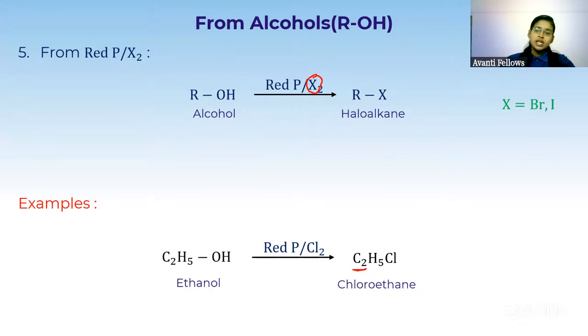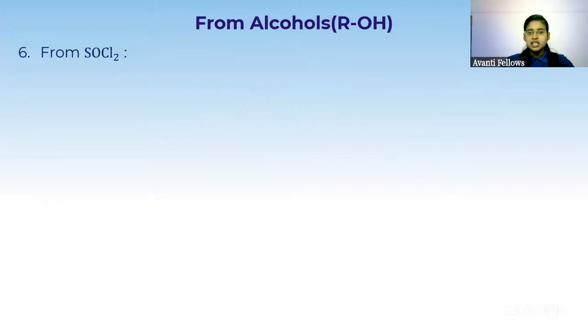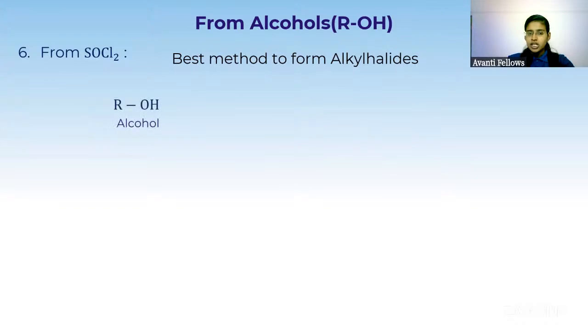Now coming to the last method, which is the sixth method, that is from SOCl2. So this is the best method to prepare the alkyl halides or haloalkanes. Okay. So I'll tell you why it is the best method. So first of all, let me take an alcohol and treat it with SOCl2. So here we have Cl as the halogen.